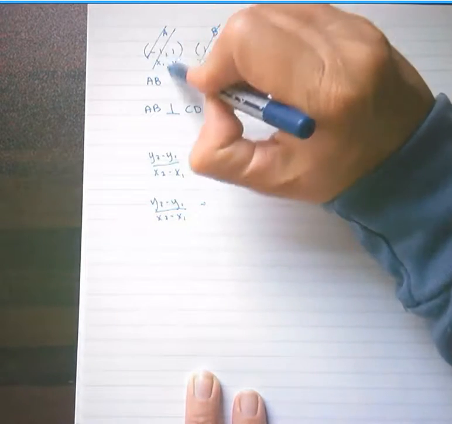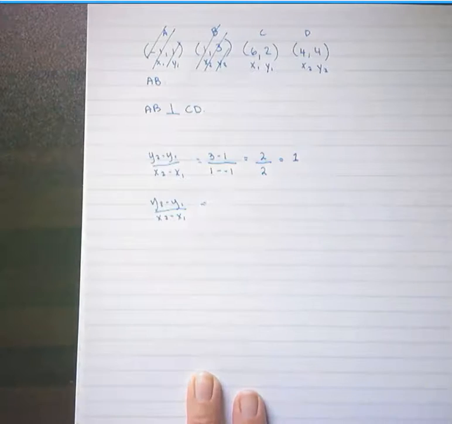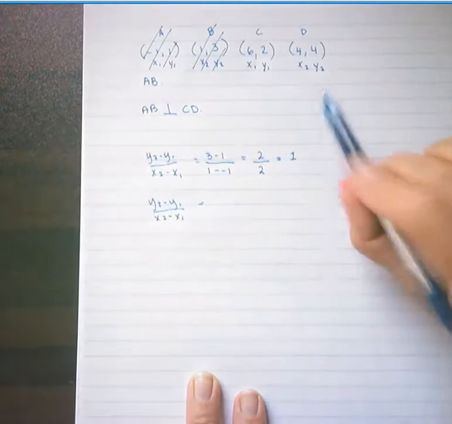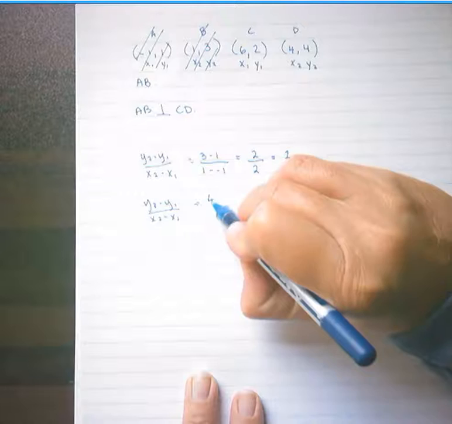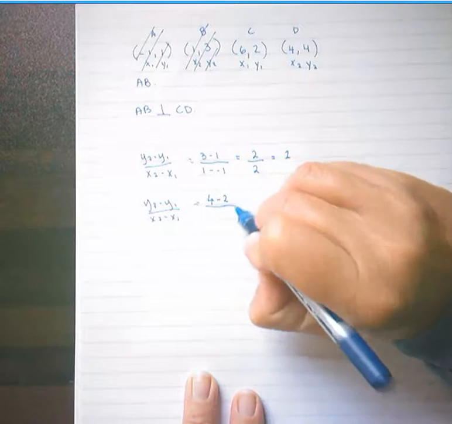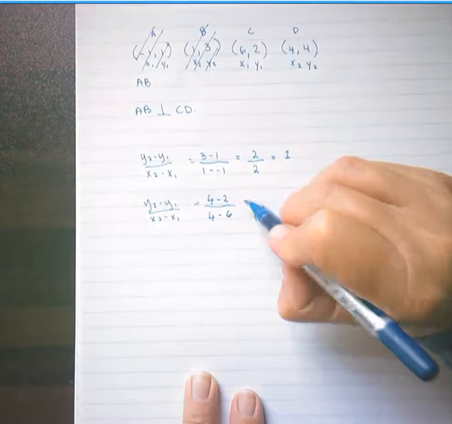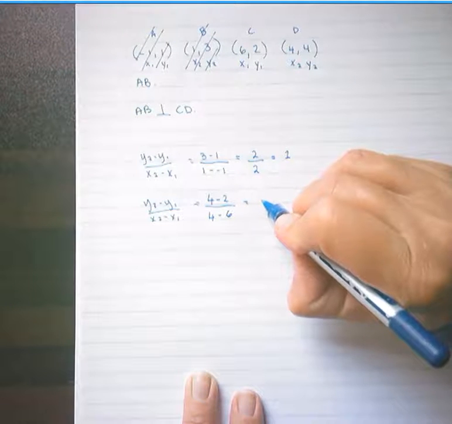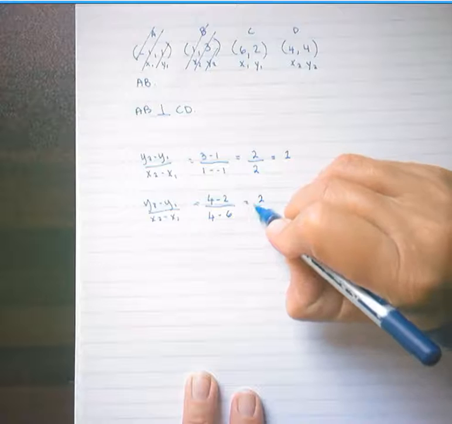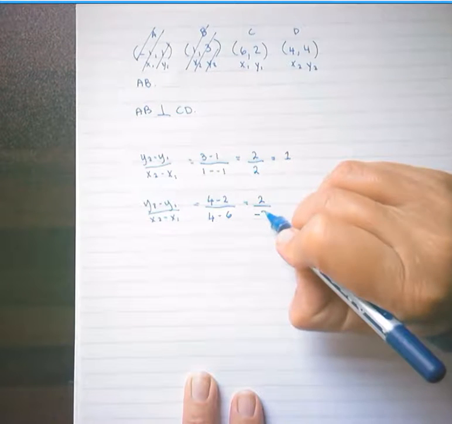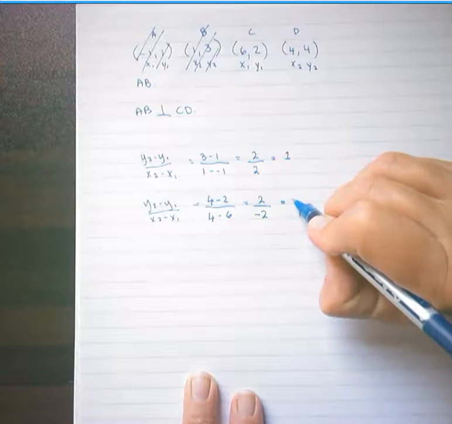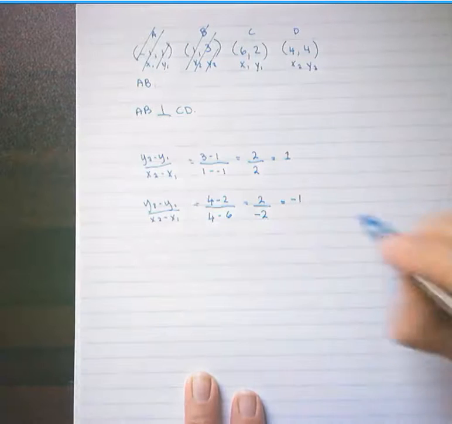So you can imagine scribbling them out so you don't mix up your values. We're going y2, so you're getting 4 take away 2 over 4 take away 6. So 4 take away 2 is equal to 2. 4 take away 6 is equal to negative 2. So you end up getting a minus 1.